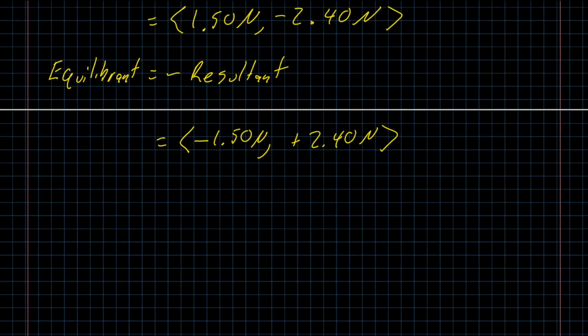Of course, components are an odd way of looking at a force. So the last thing I want to do is change this back to be a magnitude and a direction. We've done this before. Take the square root of the squares of the components.